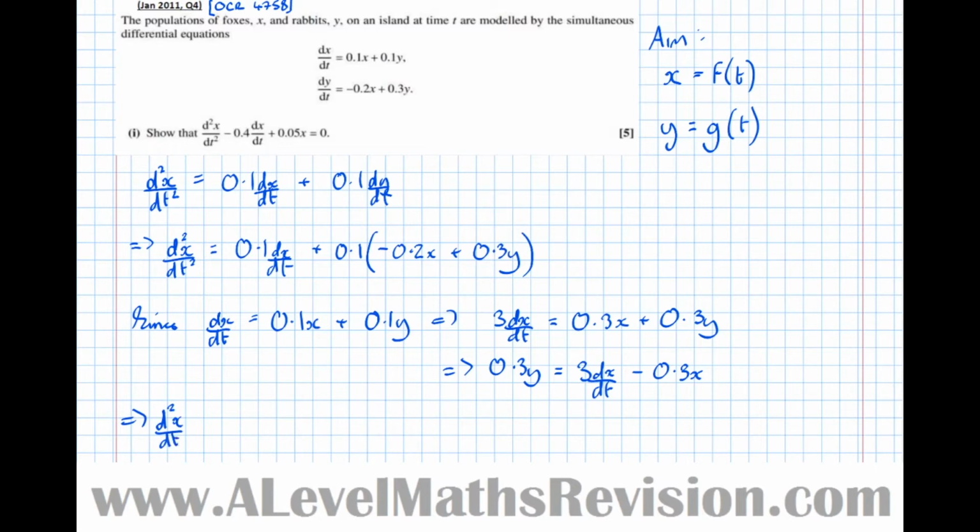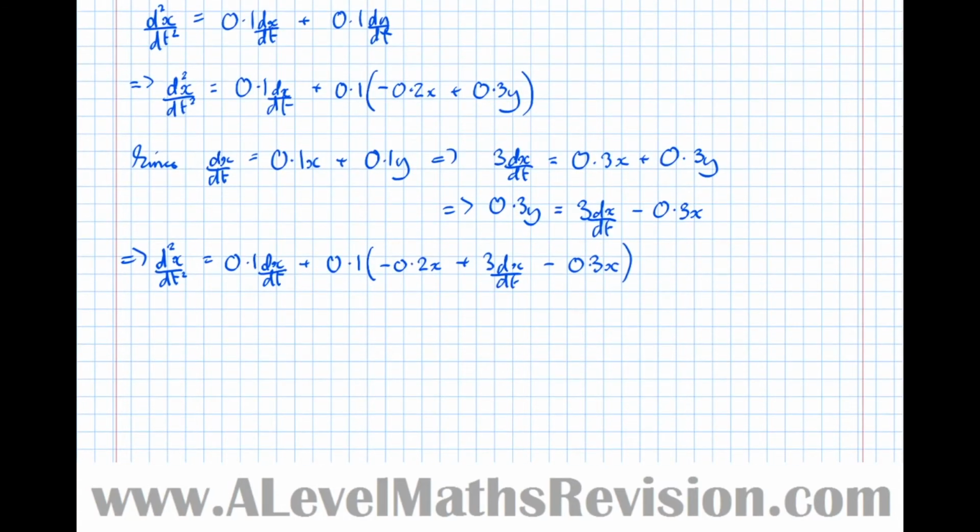So now going back to this line here and replacing the 0.3y, we get d2x by dt squared equals 0.1 dx by dt plus 0.1 minus 0.2x plus, and let's replace 0.3y with this expression here, 3 dx by dt minus 0.3x.